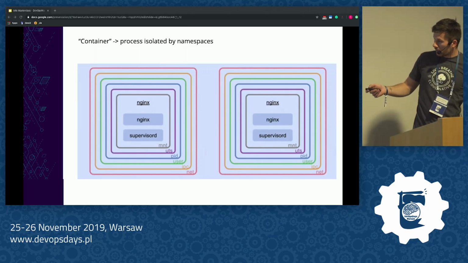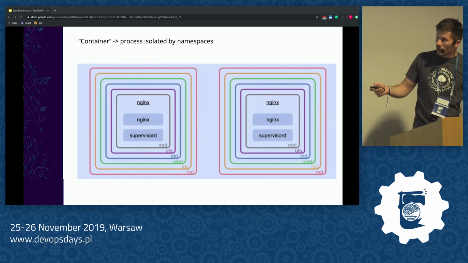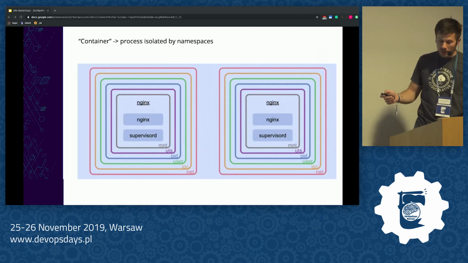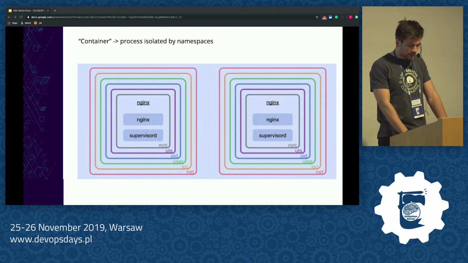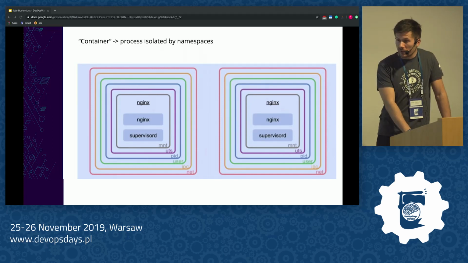For the same reason, if that Nginx is going to listen on port 80, this other Nginx can also listen on port 80 because they are in different network namespaces. So the network is also isolated between them. And that's how a pure container works.